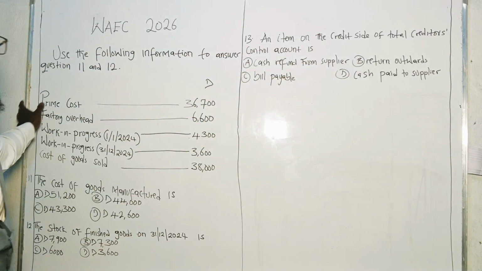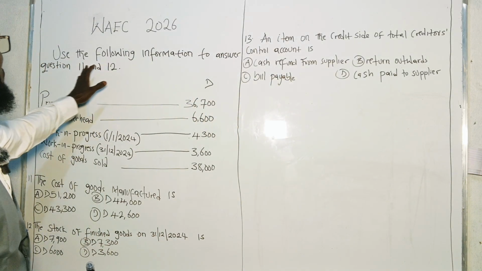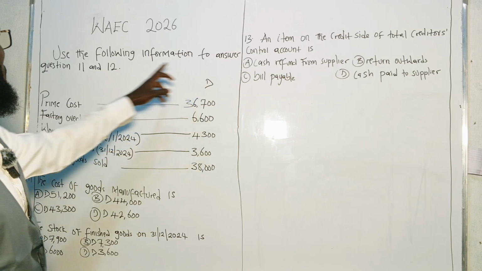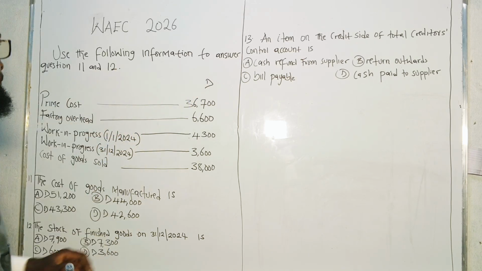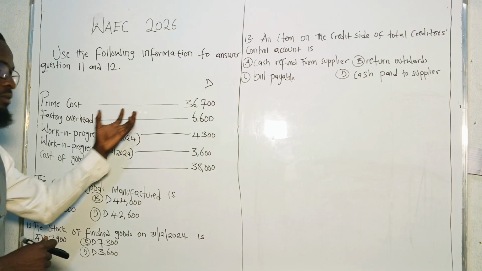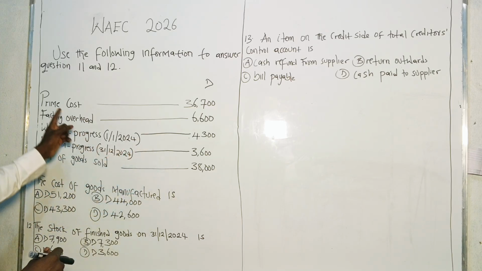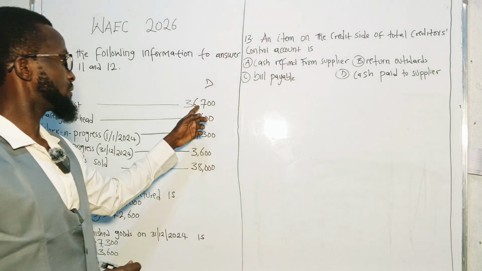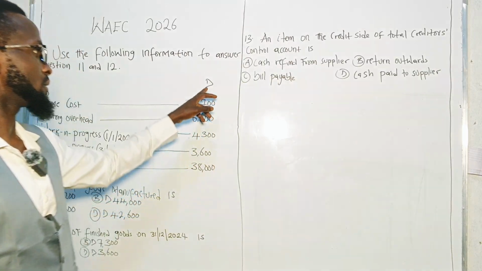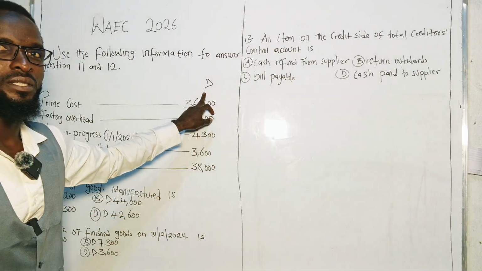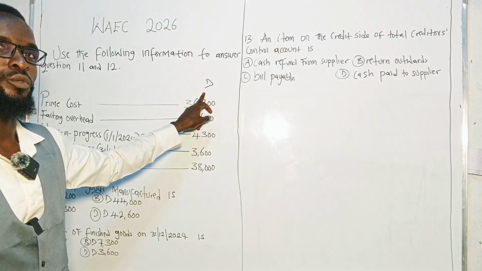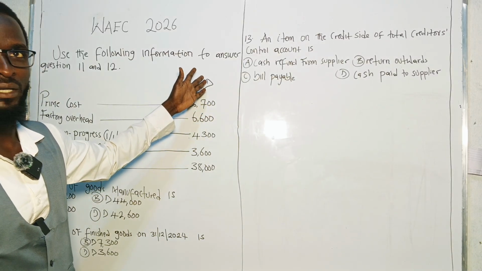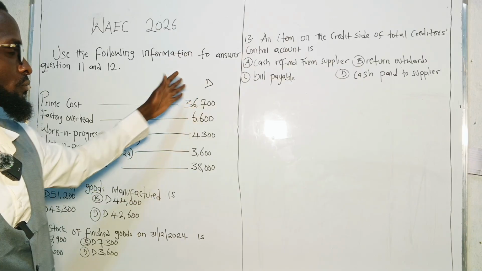Here is question 11. Use the following information to answer questions 11 to 12. Given: prime cost $36,700. The currency is given as dollars, not naira or dollar. Dollars is a Gambian currency.